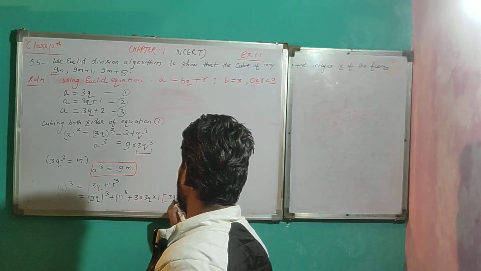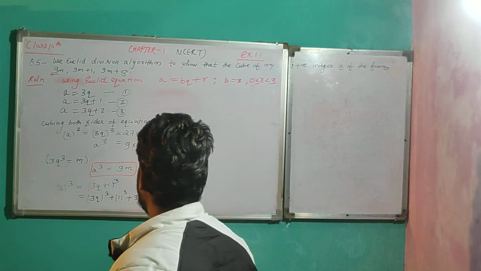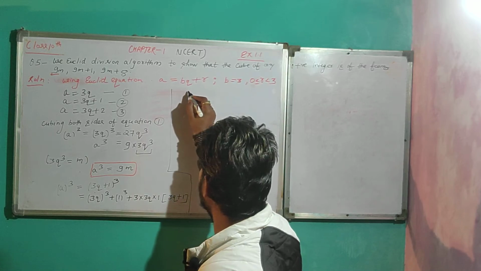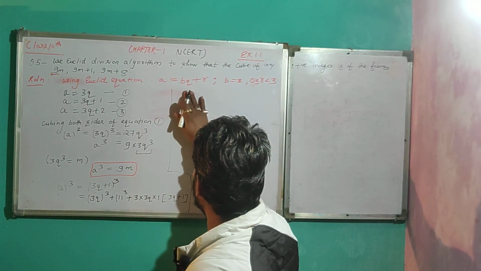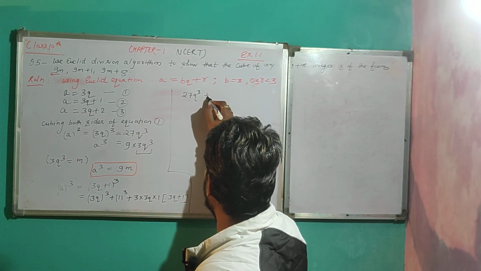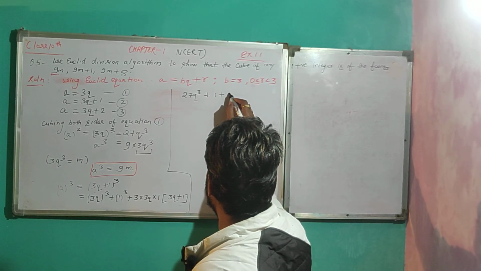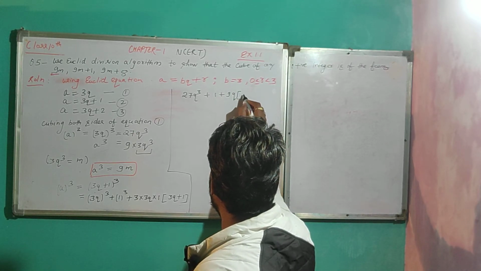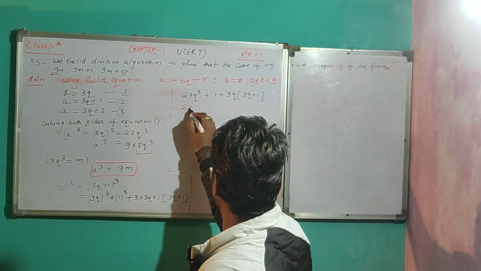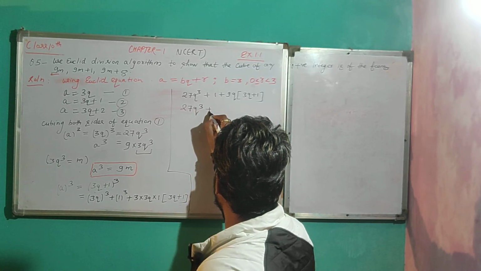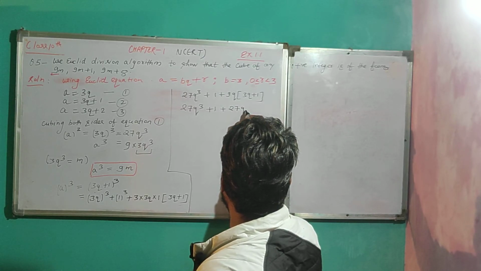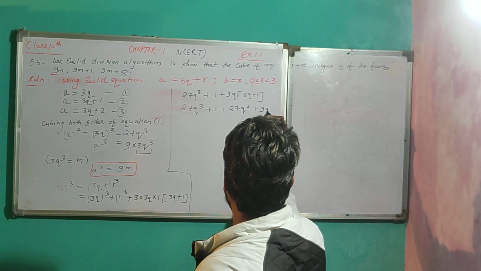If you are going to solve this, we get 27q cube plus 1 plus 9q bracket 3q plus 1. Solving more, 27q cube plus 1, 27q square plus 9q.